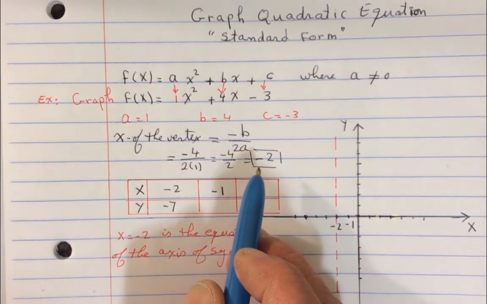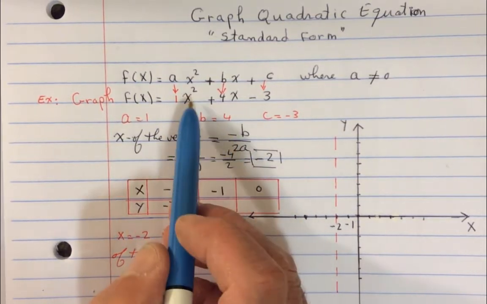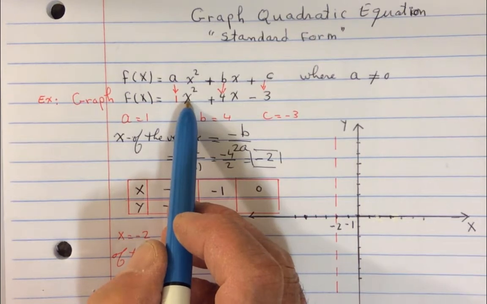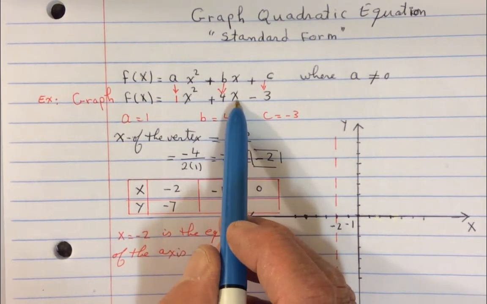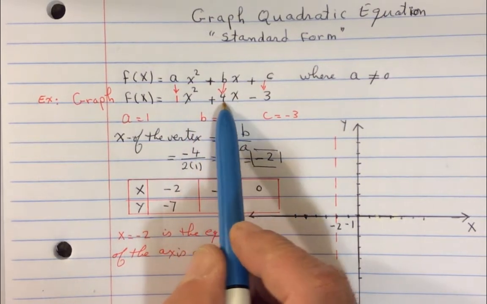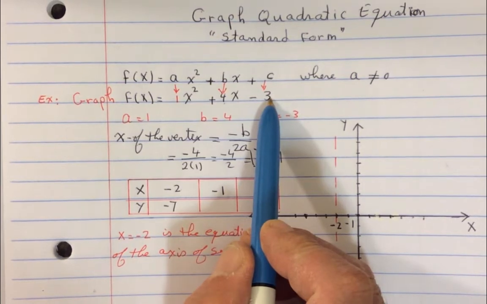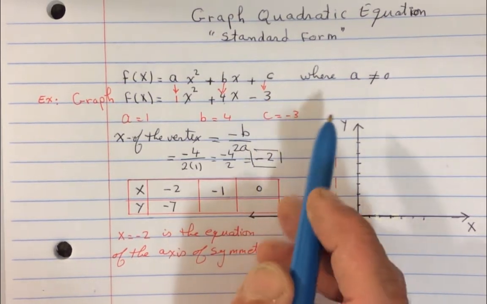Then we plug in another number, negative 1. Negative 1 squared is 1, 4 times negative 1 is negative 4, 1 minus 4 gives you negative 3, minus another 3 is negative 6.